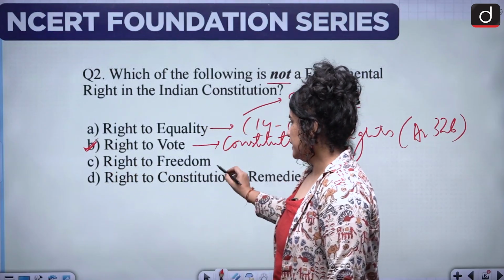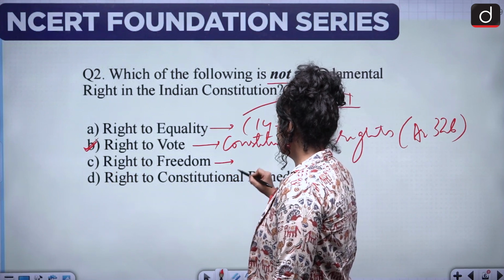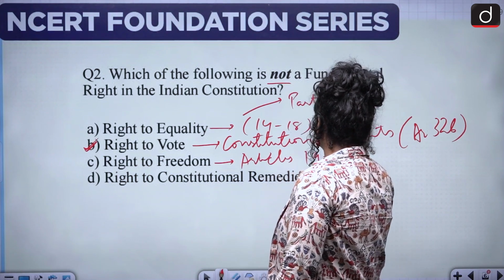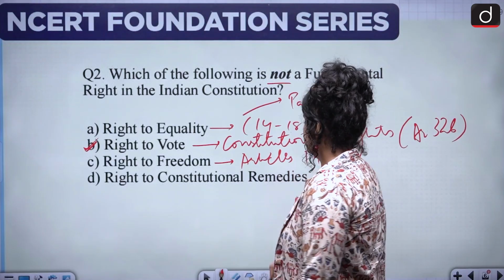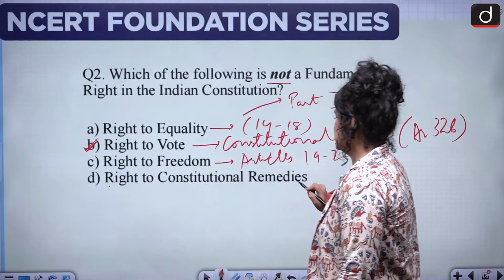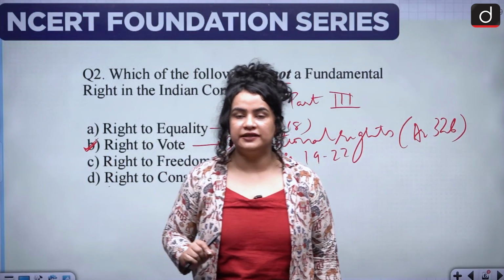Right to freedom, again, is a fundamental right in part 3 of the Constitution and is discussed in articles 19 to 22. Finally, right to constitutional remedies. I would say it is perhaps one of the most important fundamental rights.